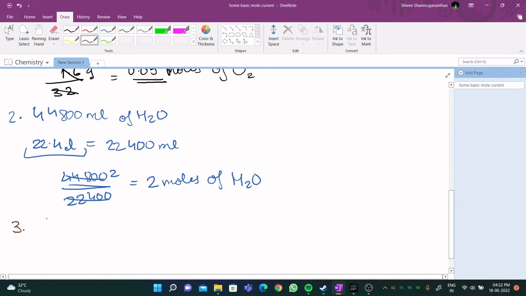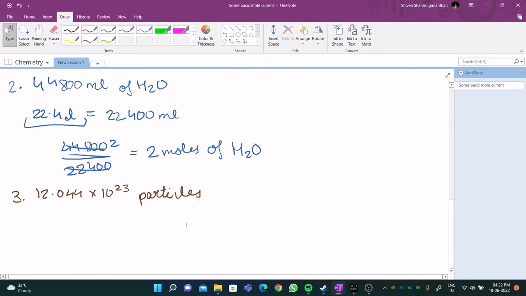Let's imagine we've been given 12.044 into 10 to the power 23 particles, and we have to find out how many moles these are. So that should be pretty simple.